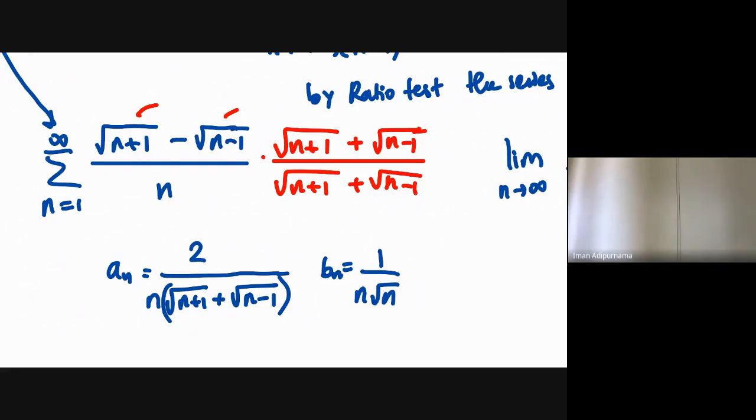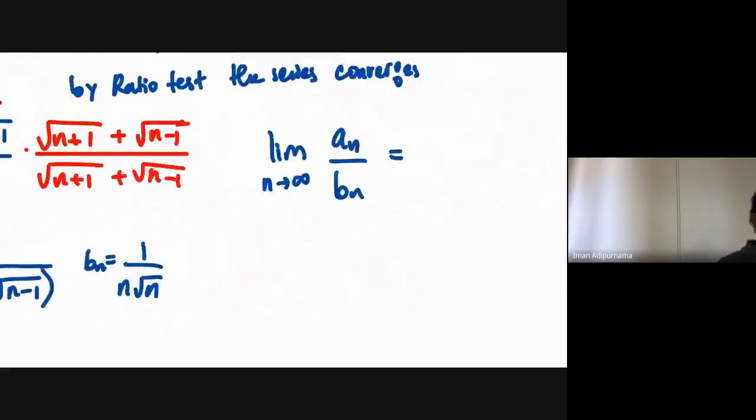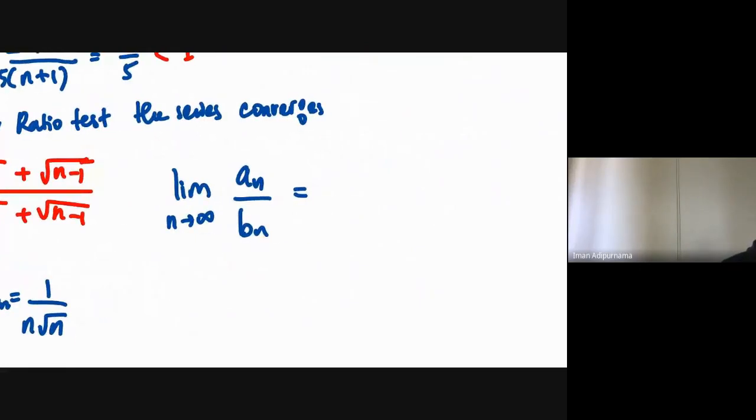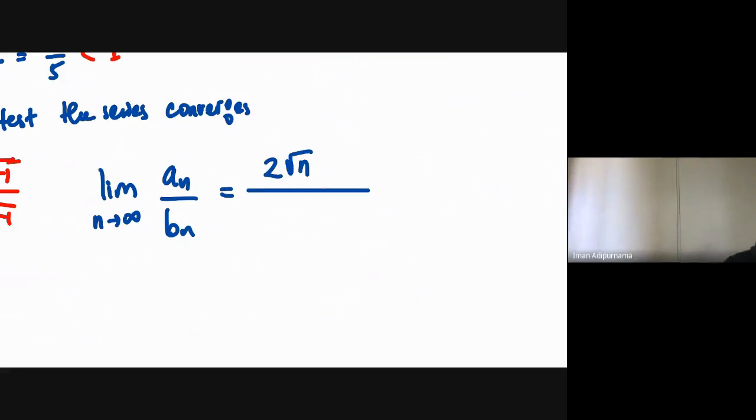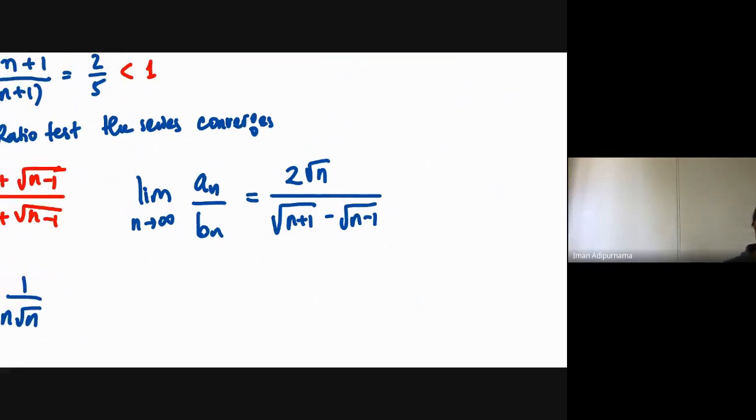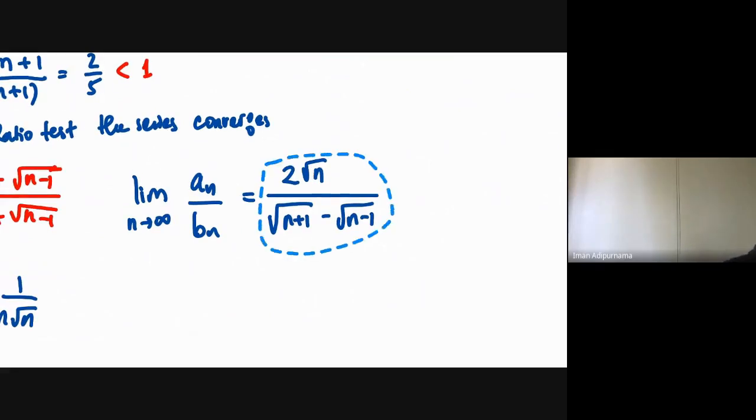So I will move this to the top. So I will cancel this. So I will have 2 square root of n at the top. And I have square root of n plus 1 minus 1. Don't forget the limit.